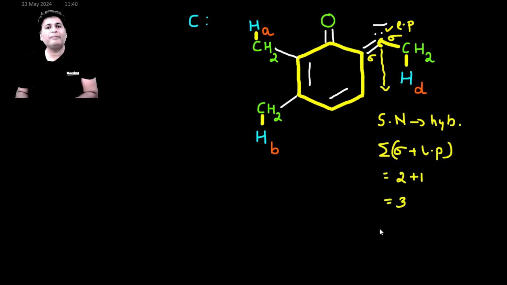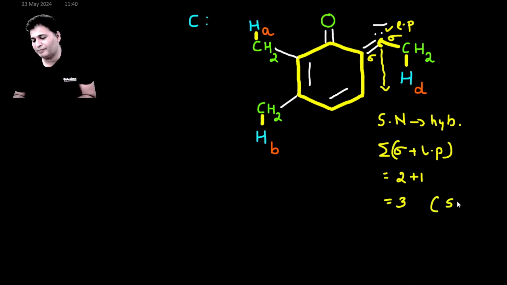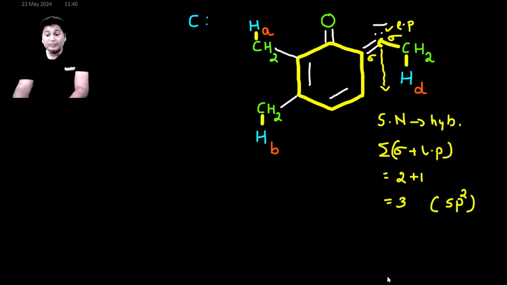If the steric number is 4, it is sp3 hybridized. If the steric number is 3, like in the present case, the hybridization becomes sp2. So you understand it is an sp2 carbon, and the sp2 carbon has this negative charge. Why am I saying this?